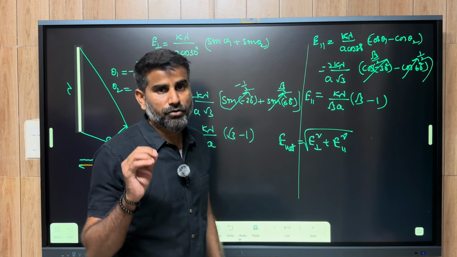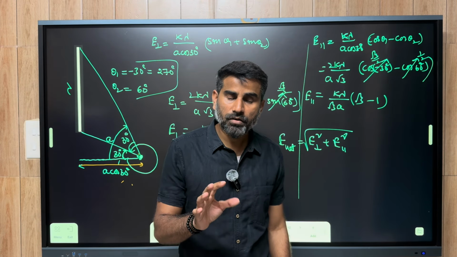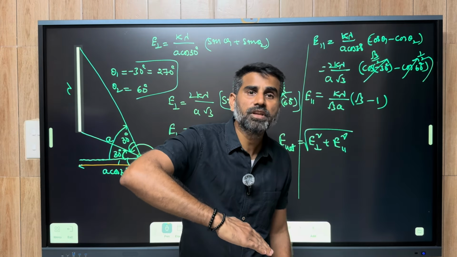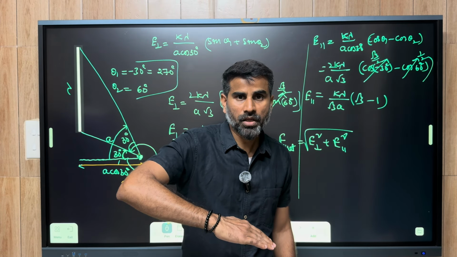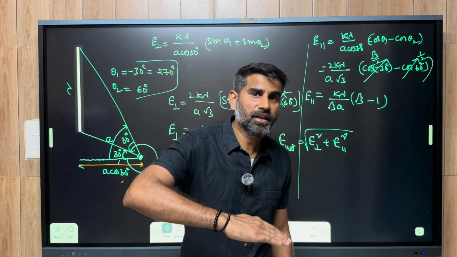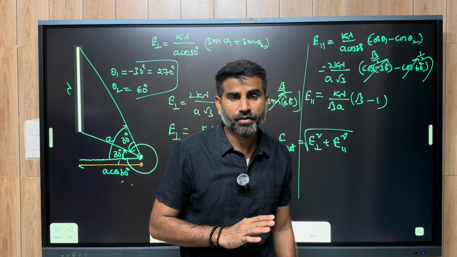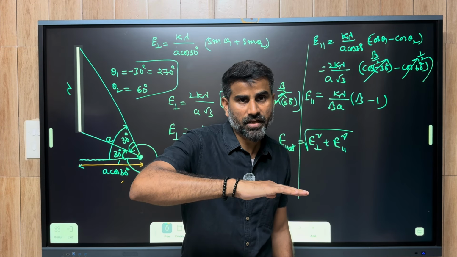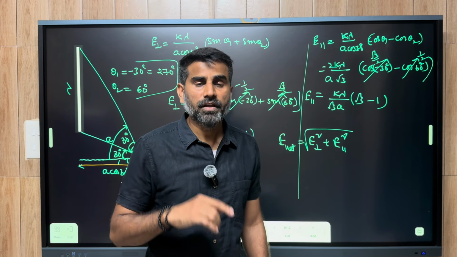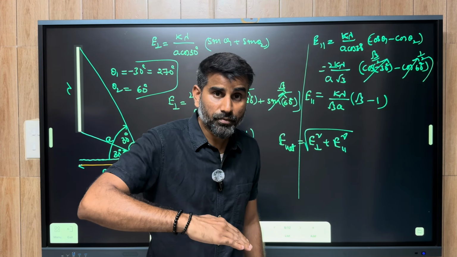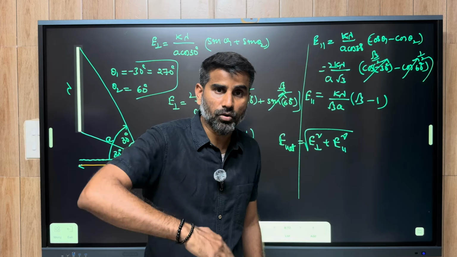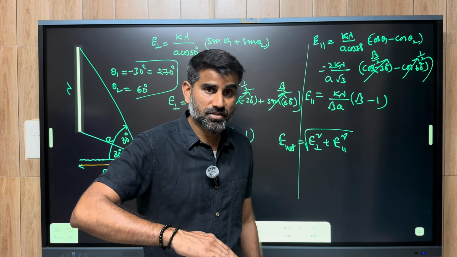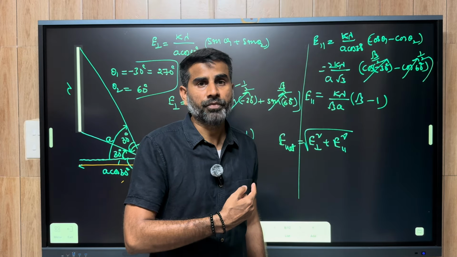Let's say I have obtained the formulas by taking the negative sign for the angles measured below the reference axis. If you use the same negative sign again, it will give you wrong results, right? Let's say I've been measuring the angle above the reference axis. In such a case, for an angle measured below, you need to consider the negative sign, because it is against the direction that we have considered.